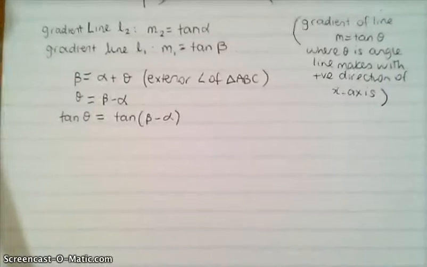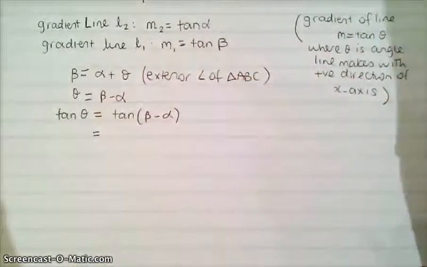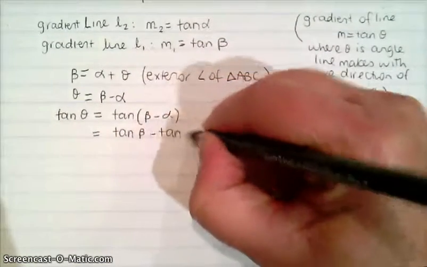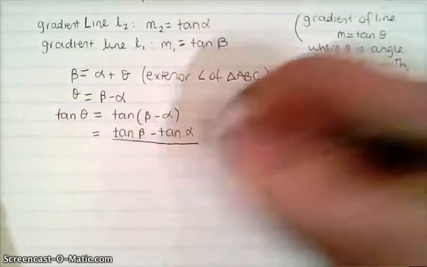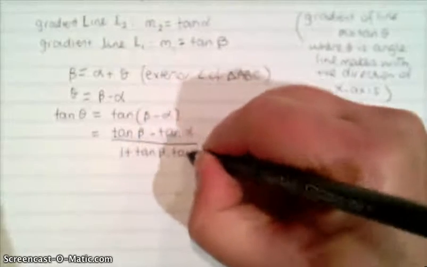Now, we will use our sums and differences of angles to work this out. So we know that tan of beta minus alpha is tan beta minus tan alpha over 1 plus tan beta times tan alpha.